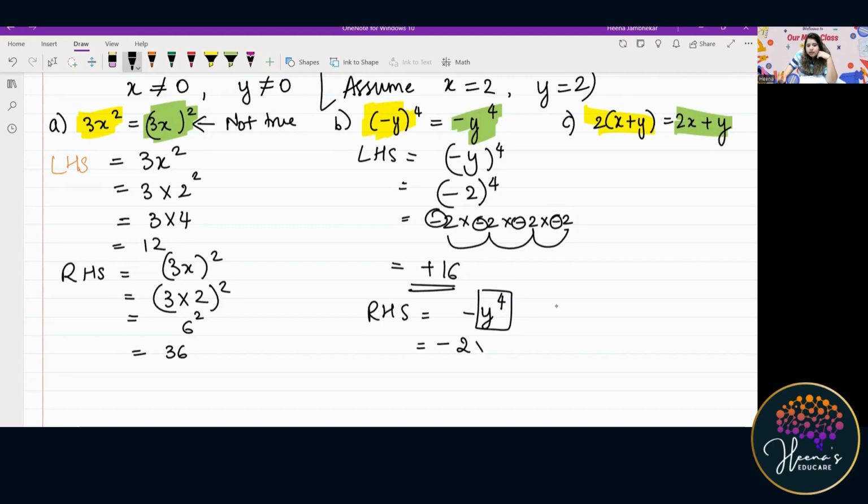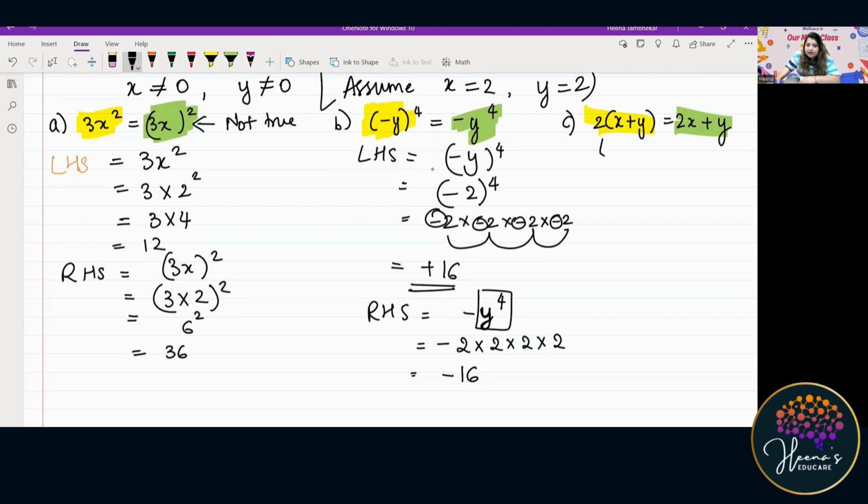It is 2 into 2 into 2 into 2, that gives you a 16, but this time it's going to be a negative 16. Okay, I hope you are understanding this. This is going to be a negative 16. So it is only y raised to 4. It is not minus y the whole raised to 4. Okay, in this case it was whole raised to 4 and this is only y raised to 4.